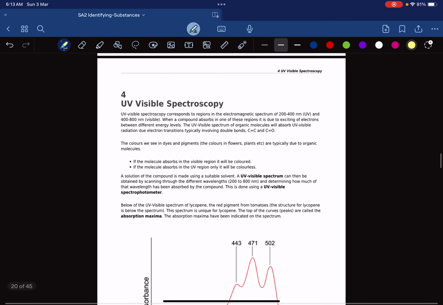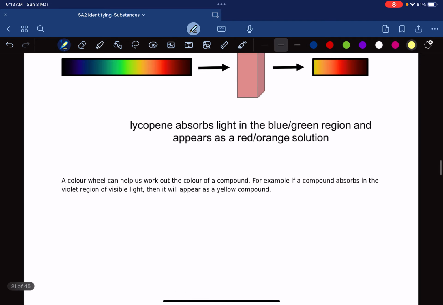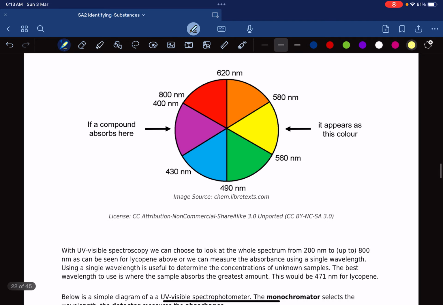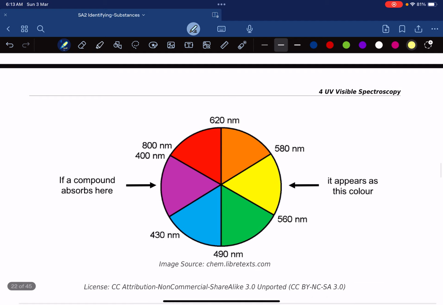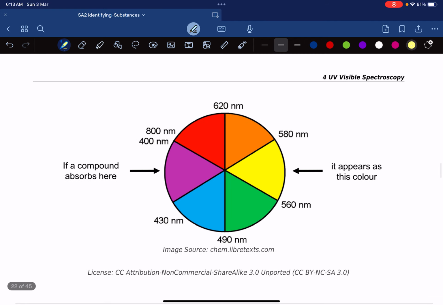Now let's say, for example, this is a color wheel. In a color wheel, something that appears blue, let's say copper sulfate, contains copper ions. Copper ions are often blue in color.